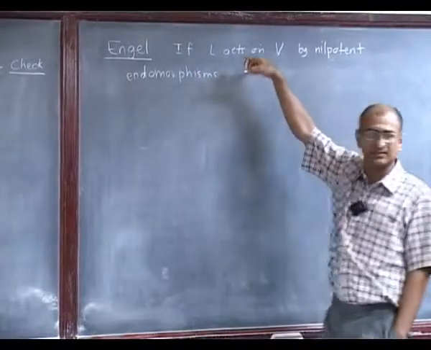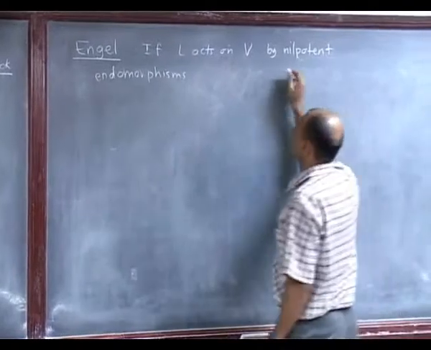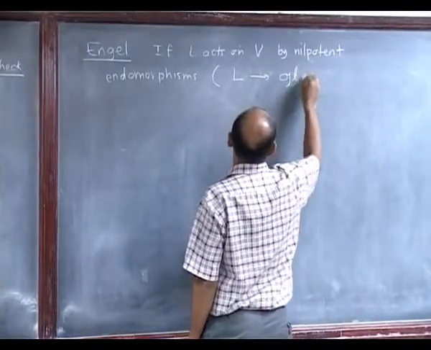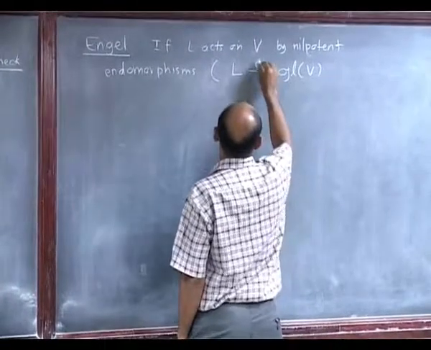Is the meaning of this clear? That is to say, there is this map phi.